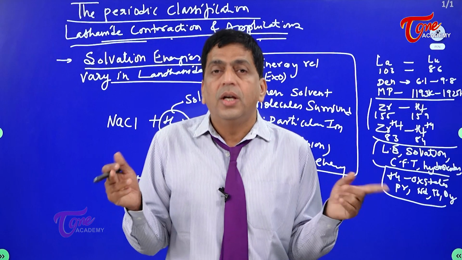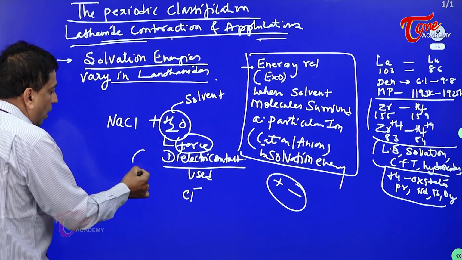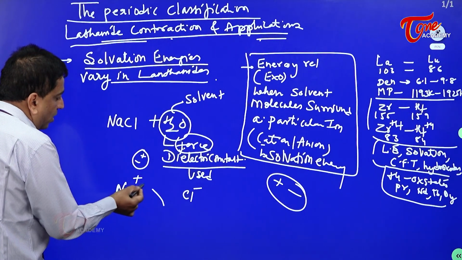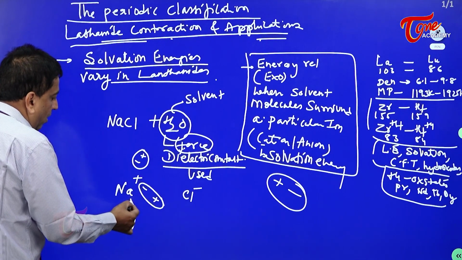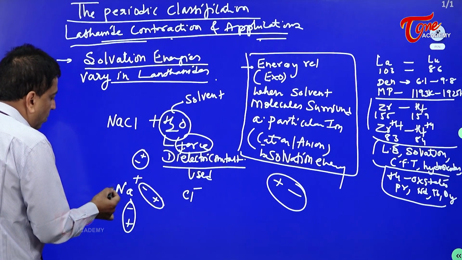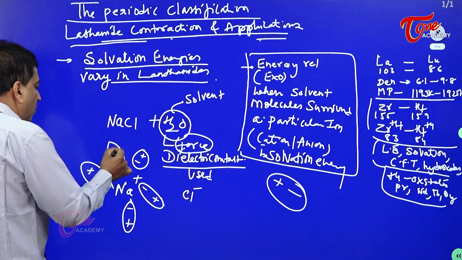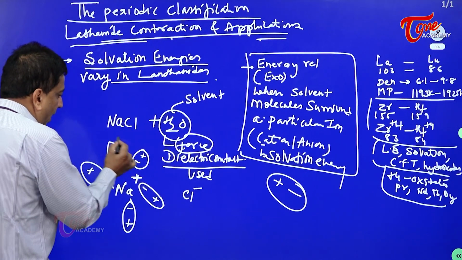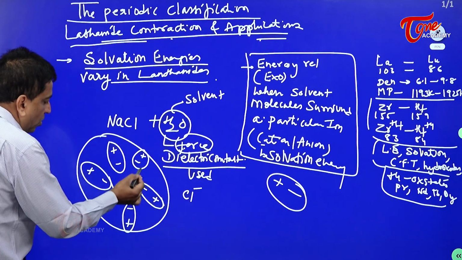Water knows that. So water will surround this ion like this, showing its negative charge. Not one, several water molecules surround it, showing their negative charges towards this positive charge. Then this sodium ion is holding several water molecules onto it.